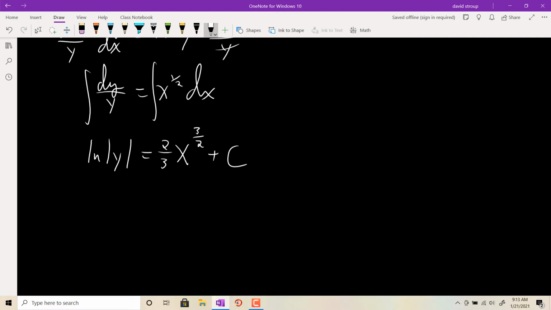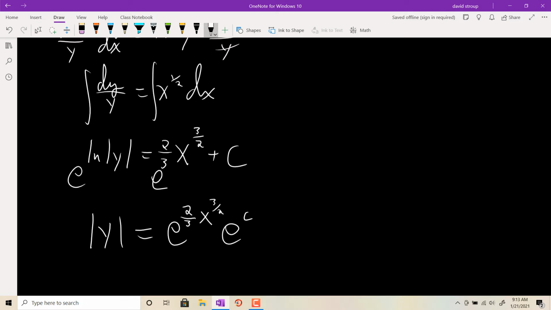And the way you do it is by exponentiating both sides. On the left, then, the e and the ln cancel, and you have the absolute value of y. On the right, what you want to begin doing is splitting up the exponential into two parts. Remember, if you have a to the x times a to the y, that's equal to a to the x plus y.